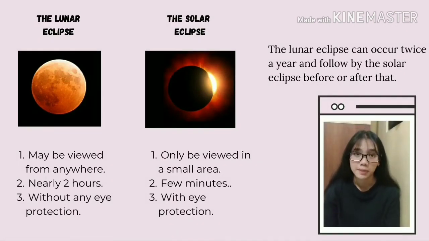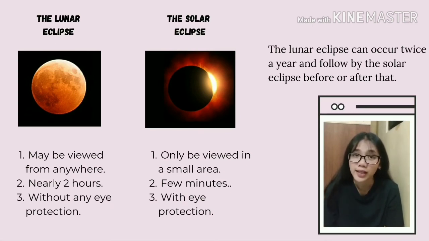The lunar eclipse can occur twice a year, and is usually followed by the solar eclipse before or after that. Unlike the solar eclipse, which can be viewed from a small area on the Earth, the lunar eclipse may be viewed from anywhere on the night side of the Earth.